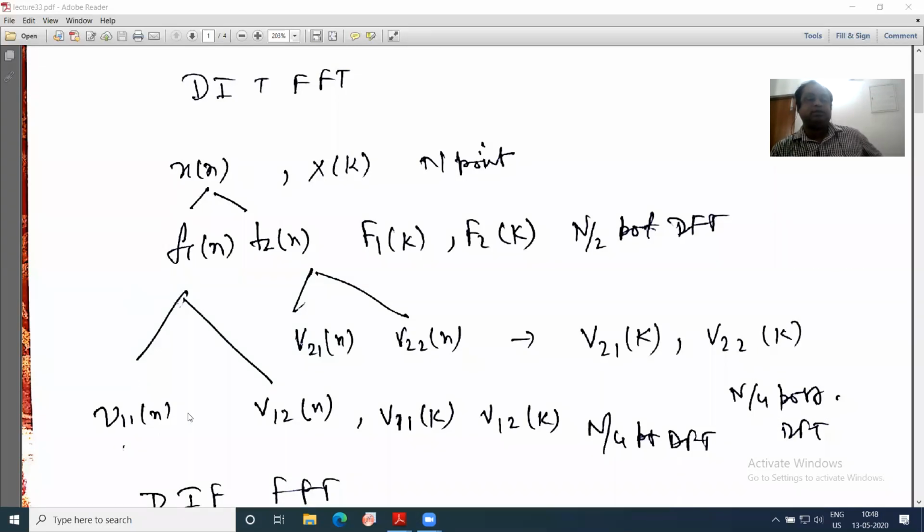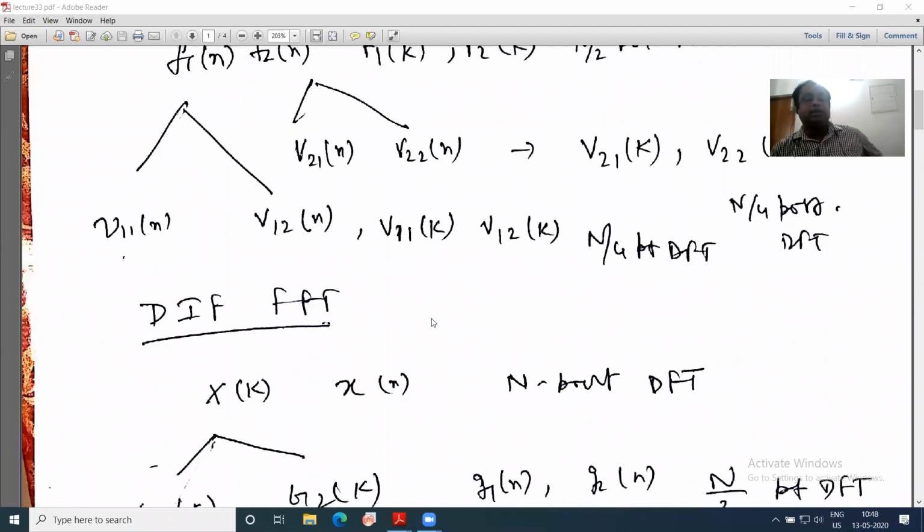That's why this is called DIT, decimation in time. The reduction process from n to n by 2 up to n by 4, until we come to a sequence of 2 points, is called the fast Fourier transform algorithmic approach. Essentially, it reduces computational complexity. This summarizes the whole DIT-FFT algorithm.